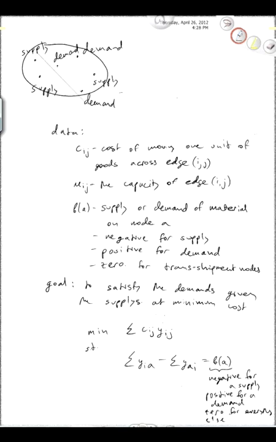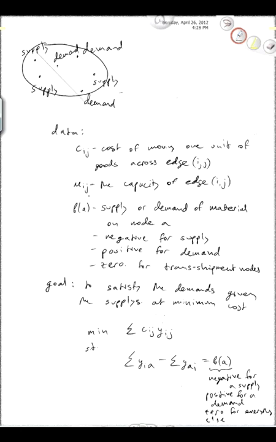And that's because all of the other nodes that have neither a supply or demand, whatever crates came into the node have to go out of the node. And so that's why the B of A's have this property of being negative, positive, and 0 for everything in between.